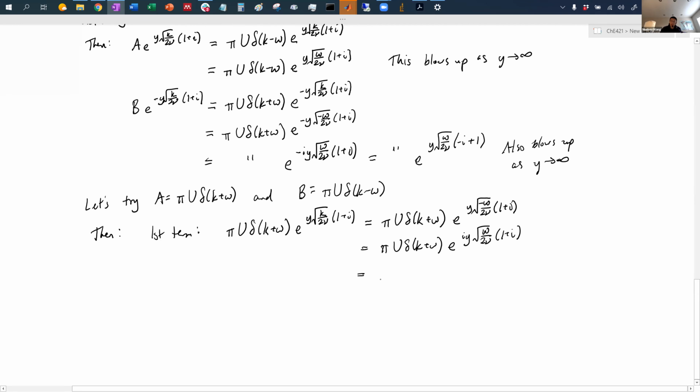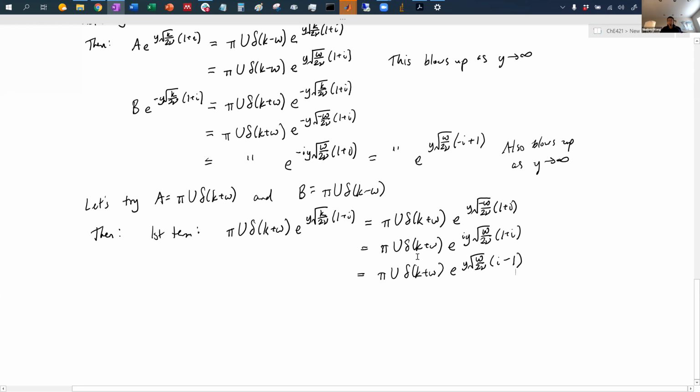And therefore, this is equal to that, where I just distributed the i now. i times 1 is equal to i, and i times i is equal to negative 1.